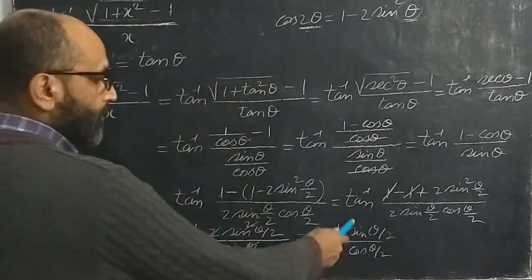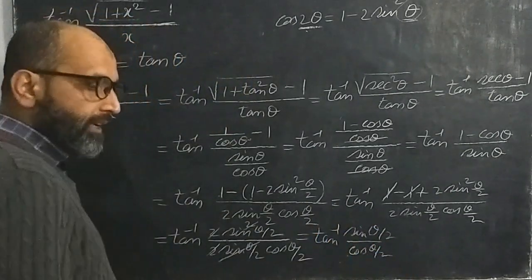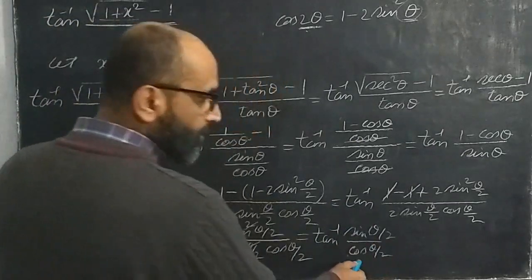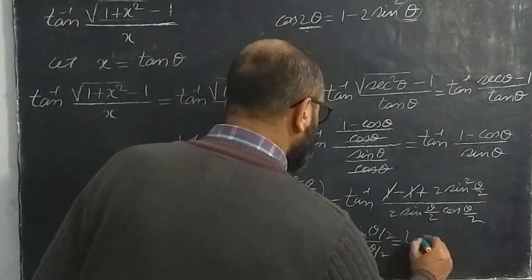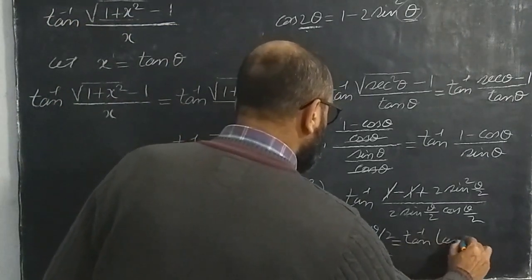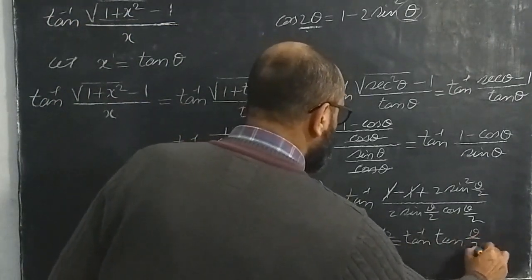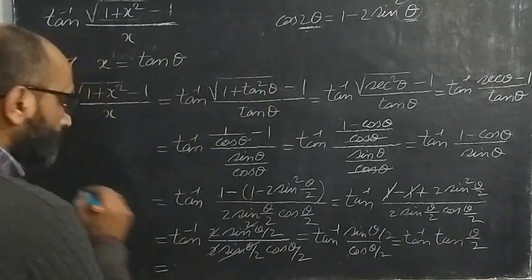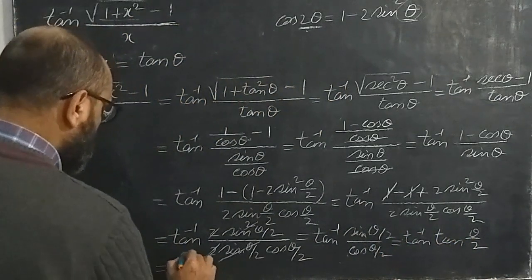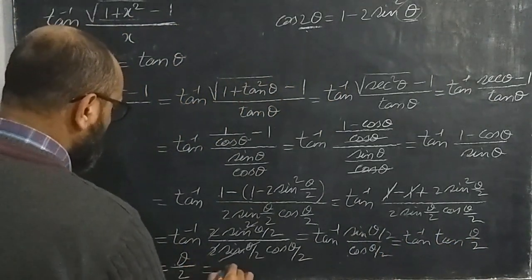And as you know well, sine upon cos with the same angle becomes tan, so we get tan inverse tan theta upon 2. Now tan inverse tan eliminates and we get only theta upon 2.